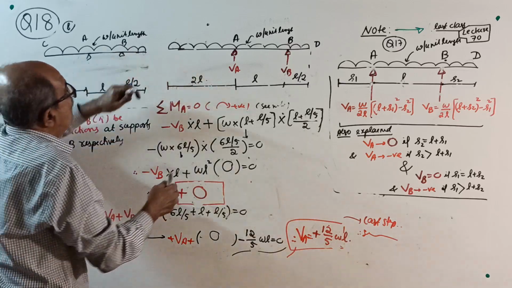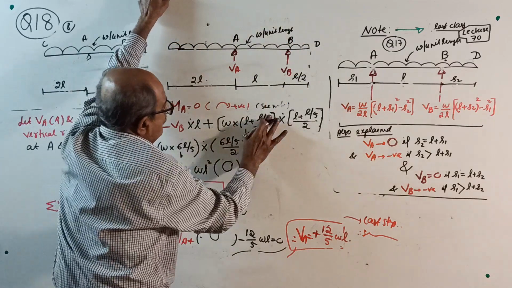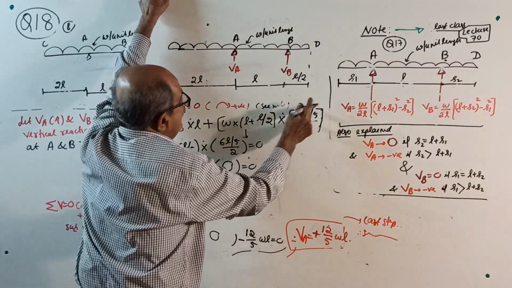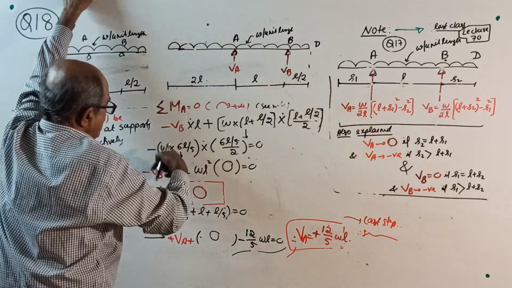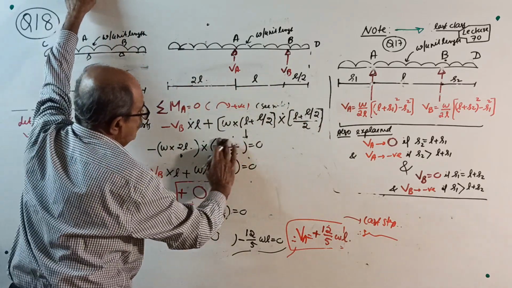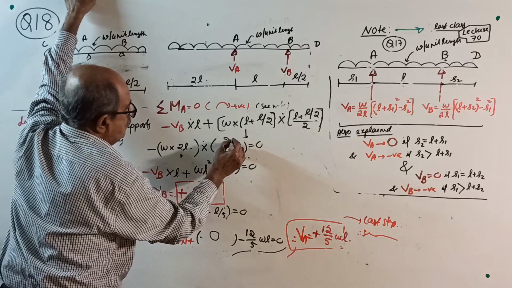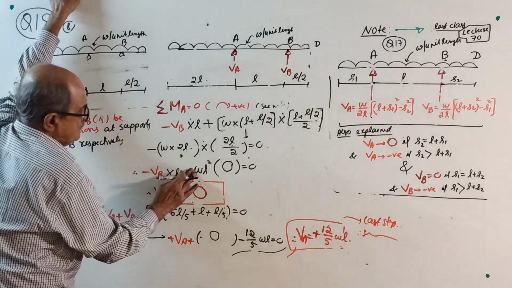Start, moment about A. Minus VB into L plus W into L plus L by 2 into L plus L by 2 by 2, clockwise, minus W into 2L into 2L by 2 equal to 0. You get minus VBL plus this number.